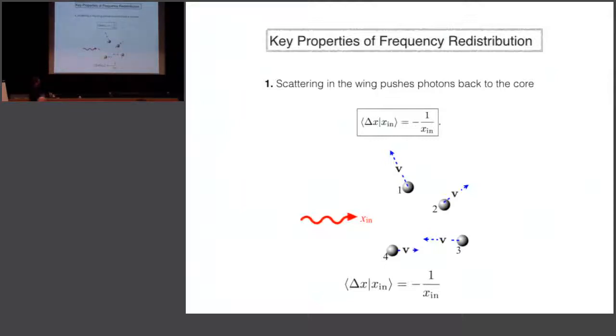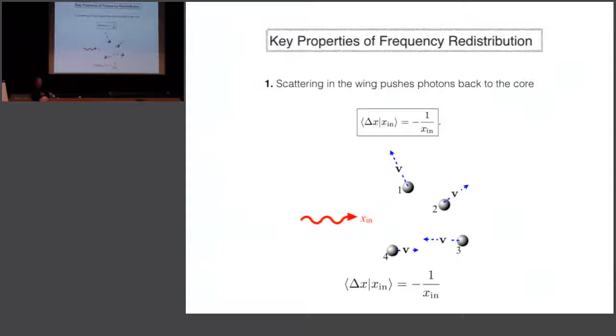Atoms that are moving into the photon are somewhat more likely to absorb it than atoms that are moving away, because for these atoms the photons look closer to resonance.